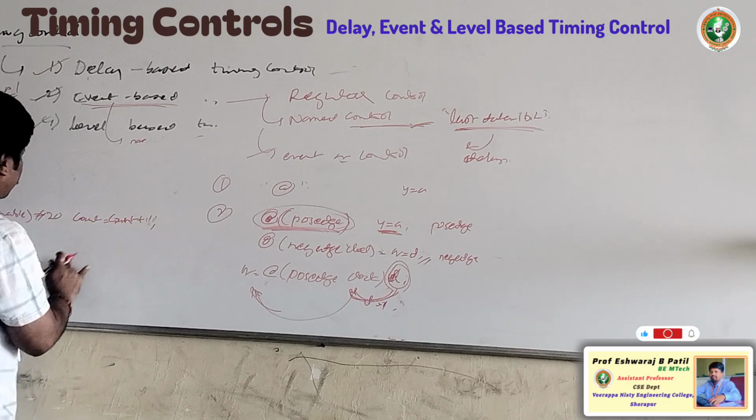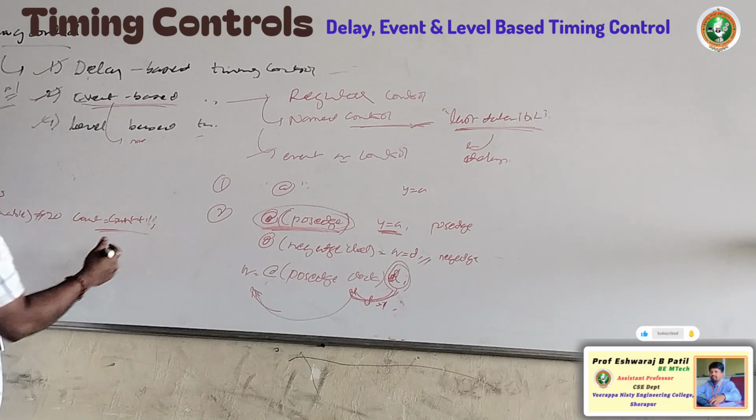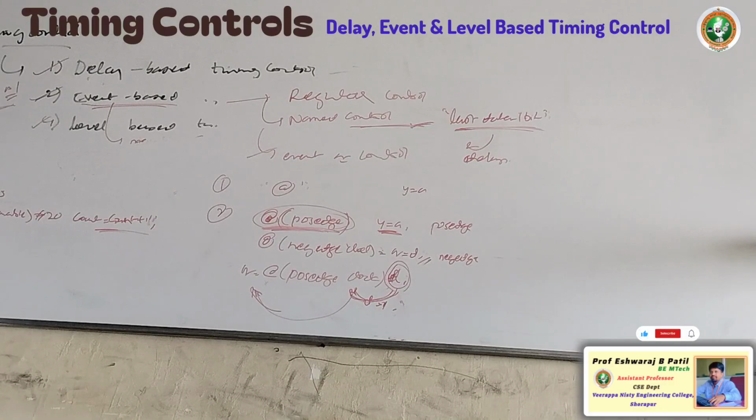It means the count will be incremented by one with the level of 1, and every incrementation will be enabled with the wait. Wait means a delay here, and wait is enabled with a delay of 20 nanoseconds. We are mentioning this, we call it level based.